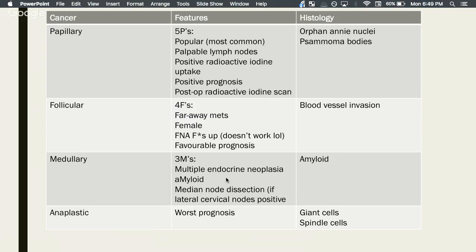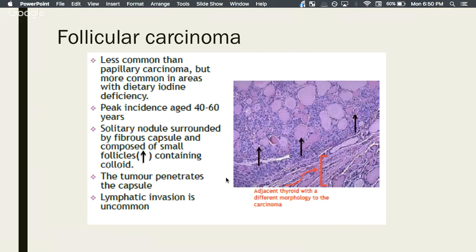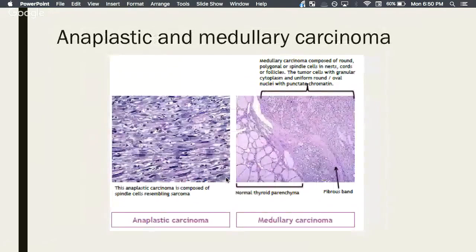If you have cancers in the lateral cervical nodes, that's when you do your median node dissection. And you tend to see amyloidosis on histology. So that's your picture of follicular carcinoma. And that's your anaplastic. These are your spindle cells there.